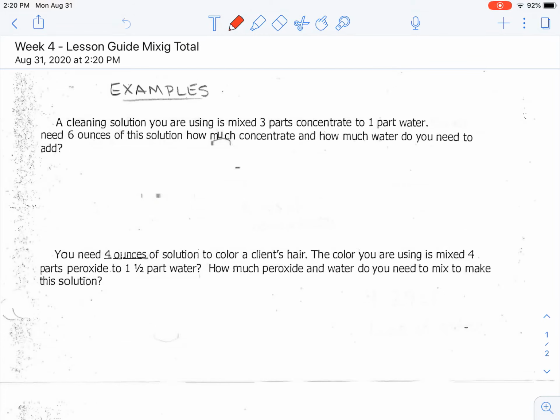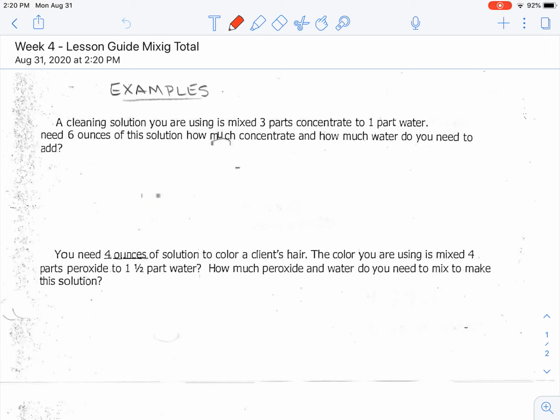We are continuing our lesson, our topic about mixing color and mixing different chemicals in cosmetology. These examples that I'm going to show you today are done a little bit different than the ones that we did last week. Last week we knew how much color we were going to put in, and we wanted to know how much developer we should put with it.